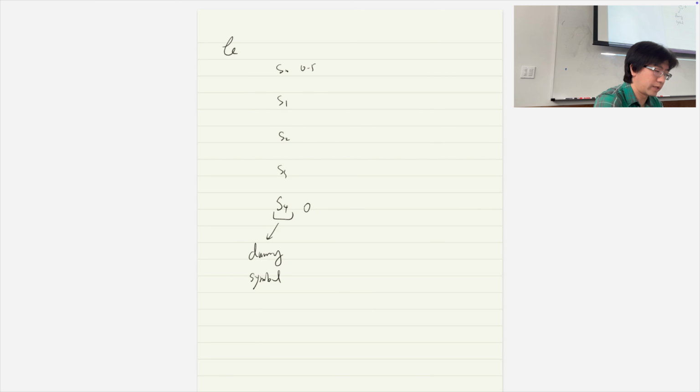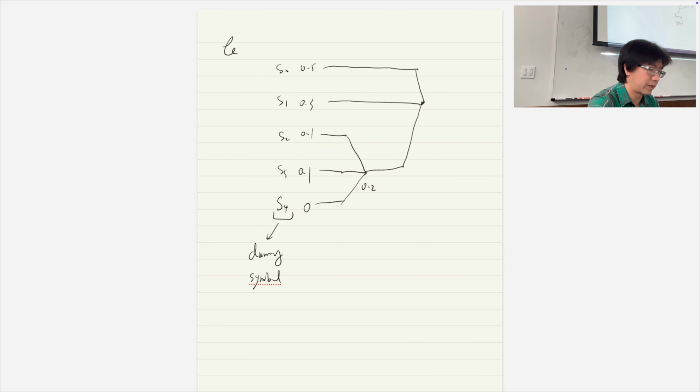Now we can do whatever we did before, very easily. We combine this and that into one node, now it's 0.2 instead of 0.5. Now we can combine these 3 all together. Now we have enough nodes, and then we have a 1 here.